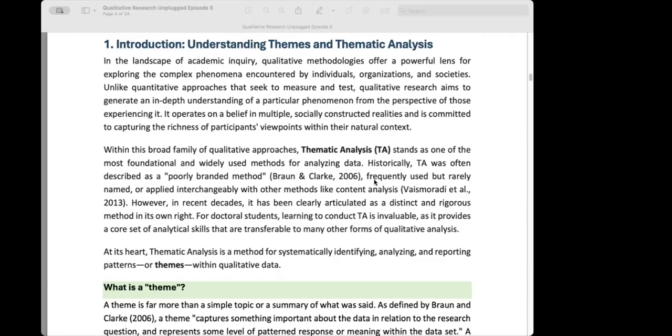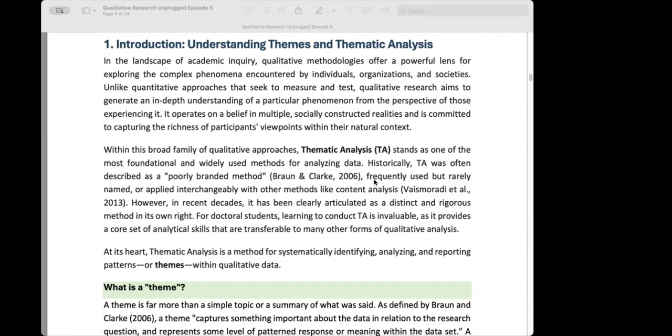It's about moving from just raw text to profound, defensible insights. Well put, from words to meaning. So if you're ready to transform that mountain of words into a compelling, evidence-based argument for your research, let's unpack this. Let's do it.